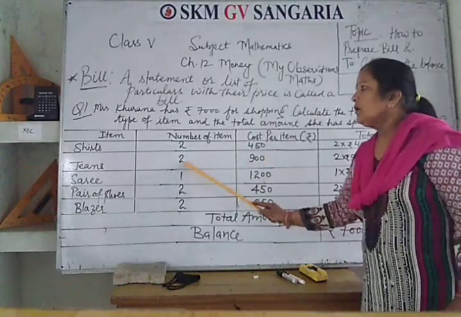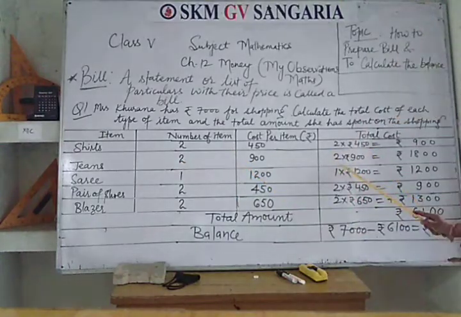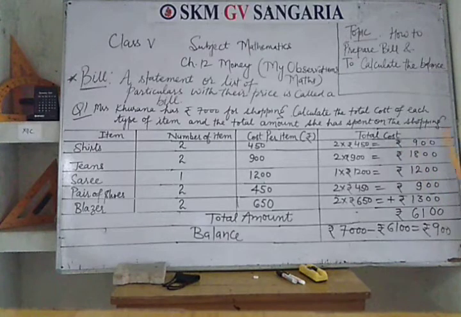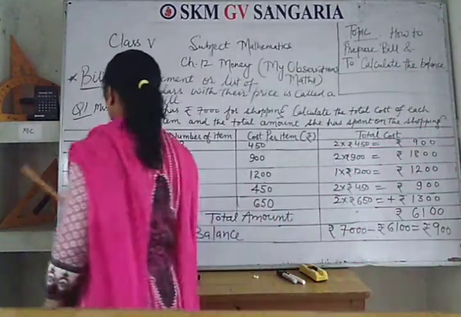So the cost of 2 jeans will be 2 into rupees 900, rupees 1800.